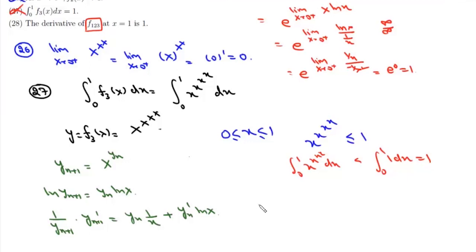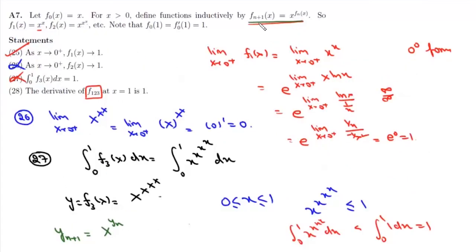So basically the derivative of f123 at 1 will be f123 at 1 into f122 at 1 into 1 plus f dash 122 at 1 into log 1, and log 1 is 0.